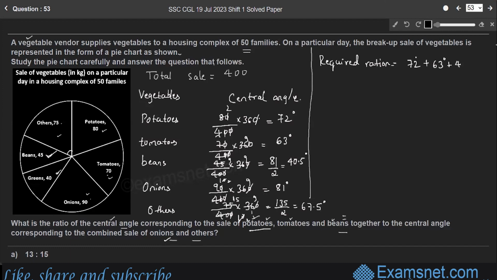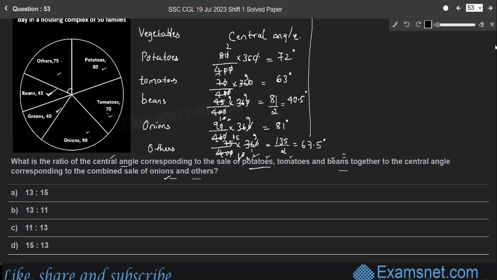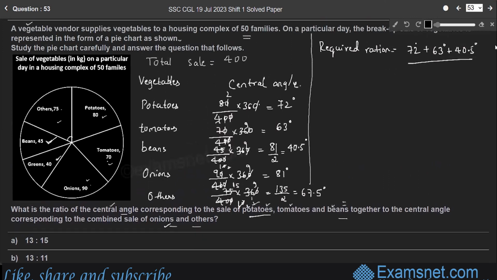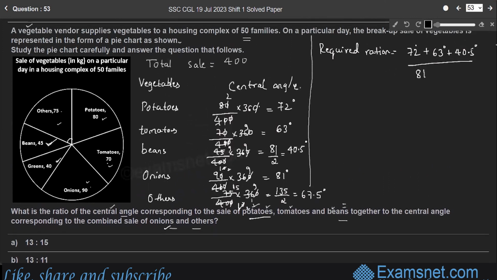Corresponding to beans, it is 40.5 degrees. To the central angle corresponding to onions and others: corresponding to onions, it is 81 degrees. Corresponding to others, it is 67.5 degrees. So take the ratio. So 135, then plus 40.5, 175.5 divided by 148.5.